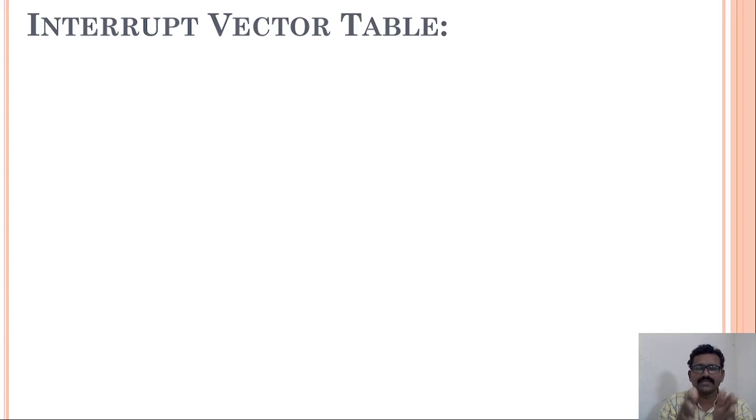The address of the interrupt service routine program is stored in a table, that is, in memory. We call it the interrupt vector table, because each ISR program has two addresses, the base address and its offset. That's why we call it an interrupt vector.